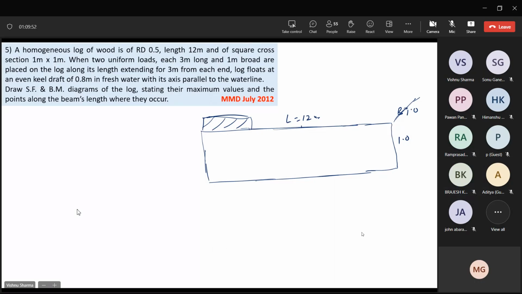Okay. So this is the log I have made, 12 meters long. It says two uniform loads of 3 meters at each end. So that means you have uniform loads extending over 3 meters at each end. This is one, this is the other one, right?